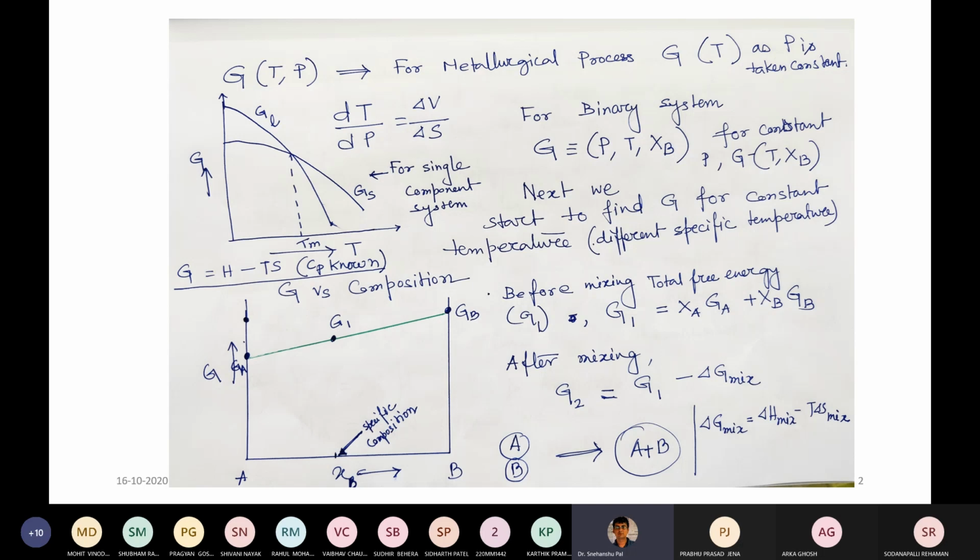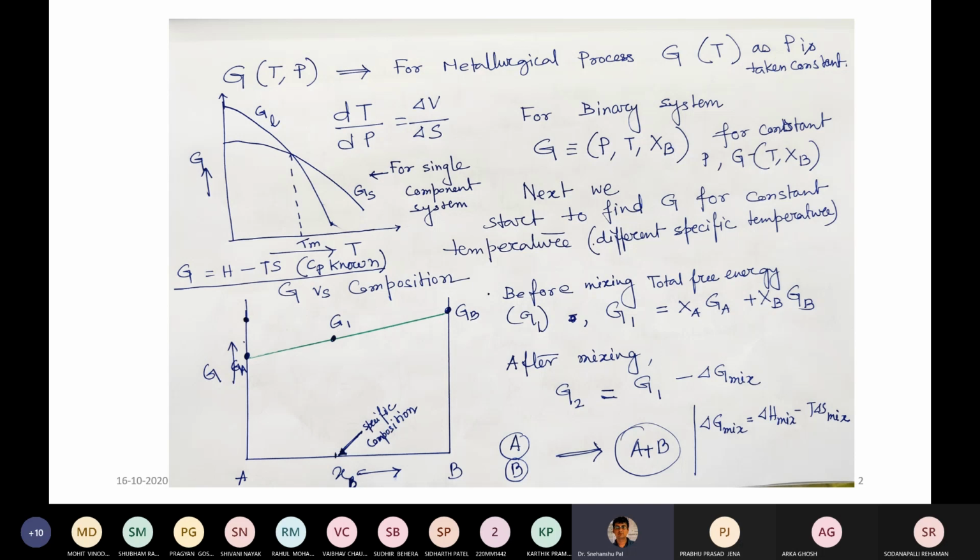If there is a mixture or solution of A and B, then the composition is also an important factor, and composition has a role in the variation of Gibbs free energy. So for a metallurgical system at constant pressure, the Gibbs free energy is a function of temperature T and XB, the mole fraction of the second element B.